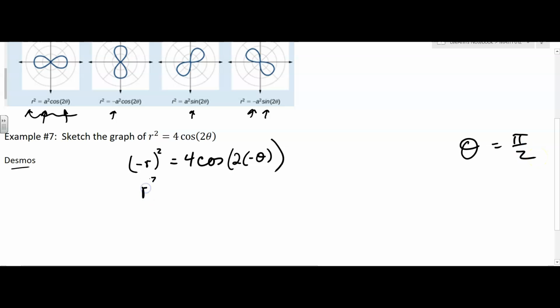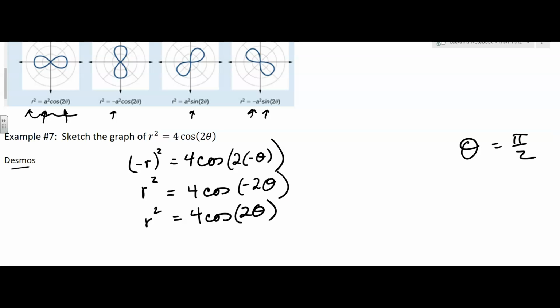We would get r squared equals 4 cosine of the opposite of 2 theta, but we know that equals 4 cosine 2 theta because it's an even function. So it turns out it is in fact the same thing, and so it is symmetric about pi over 2.